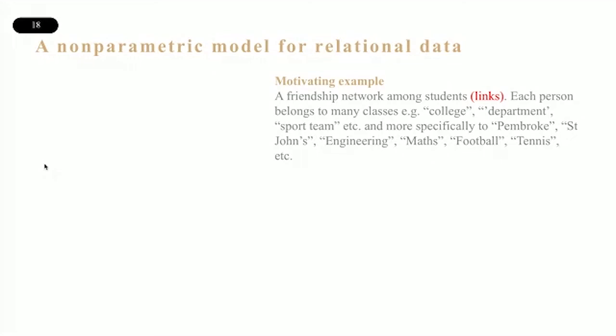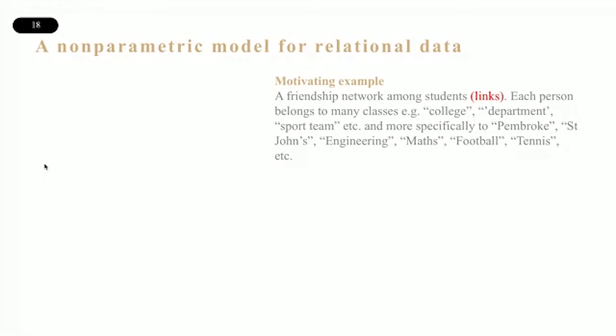For example, in a college, they might go to Pembroke College or St John's College, or for the department, they belong to the engineering department, the department of chemistry, or the department of natural sciences. And for the hobby, the sport team, we might have football, tennis, and so forth. So it's really important to understand that here I have classes and I have clusters.